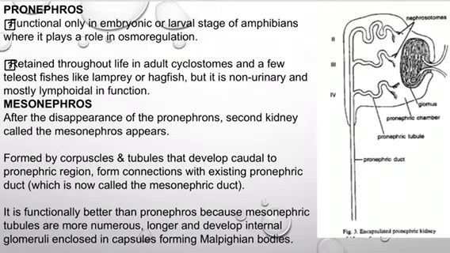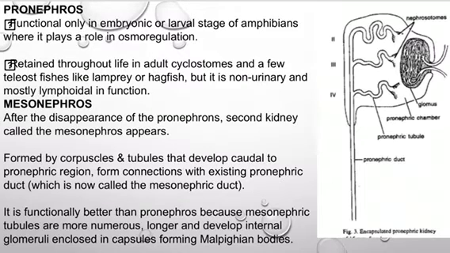You have an illustration of the mesonephros right here. You can see the mesonephric duct there. Don't forget that the mesonephros is functionally better than the pronephros, and the mesonephros has mesonephric tubules which are numerous, longer, and they develop internal glomeruli.